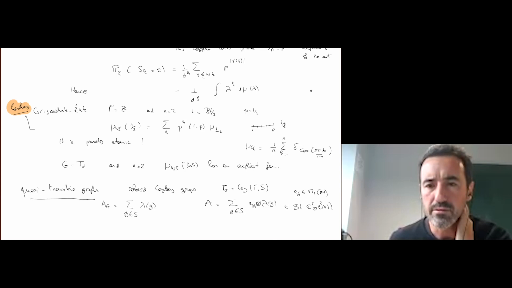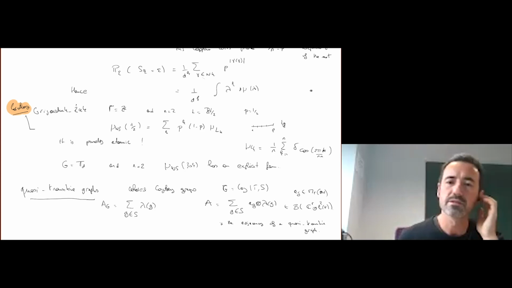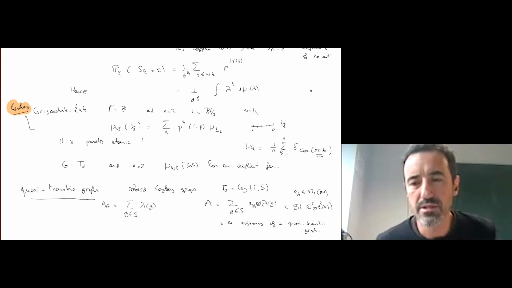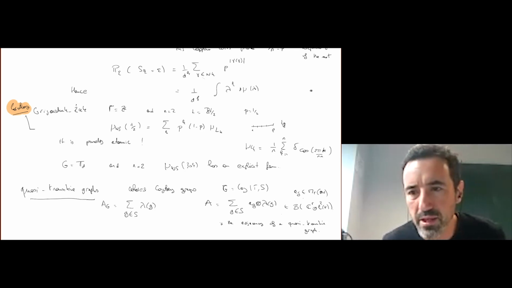So here you define an adjacency operator, and if the A_G are integer valued, say with values in 0, 1, you can interpret that as the adjacency operator of a quasi-transitive graph. I invite you to check that. So one way to define quasi-transitive graphs is by what I call colored Cayley graphs, because you interpret the R coordinates as being colors.